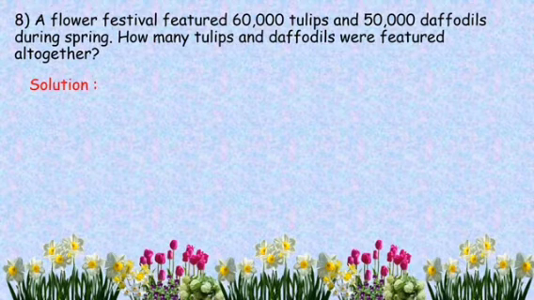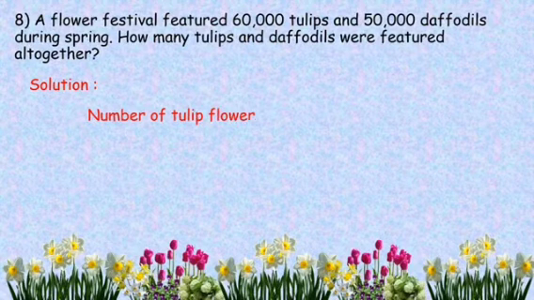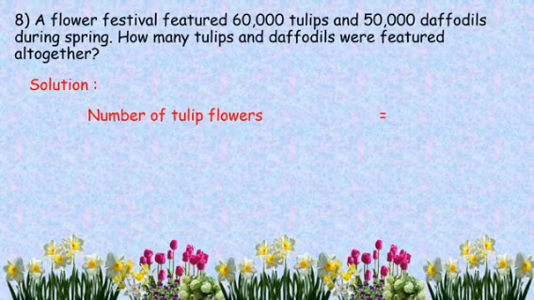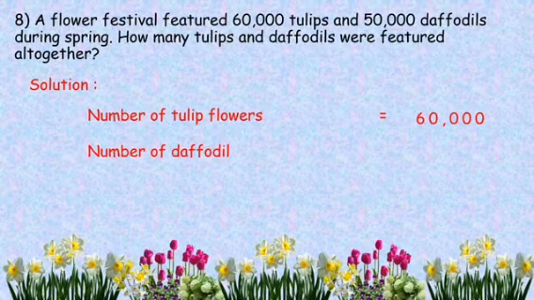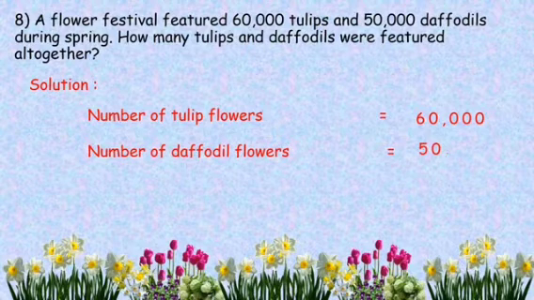For the solution now, number of tulip flowers is 60,000, number of daffodil flowers is 50,000.